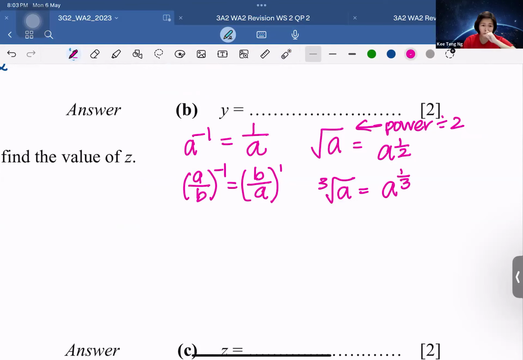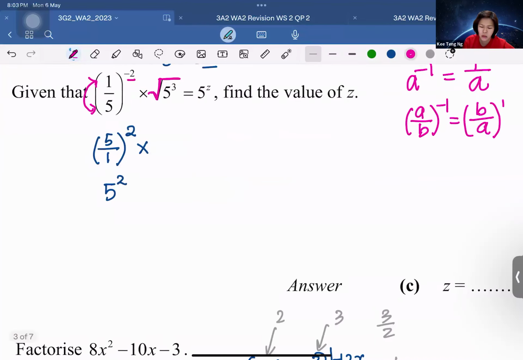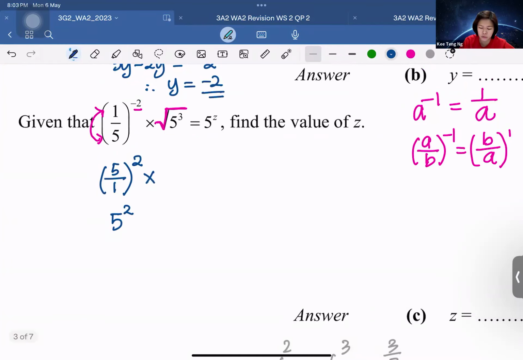So when we have root, the number of the root means we take the power divided by something. So I'm going to take the square root of these. This is 5 to the power of 3. But when I have the root, I'm going to divide the power by 2. Then equals to 5 to the power of z.